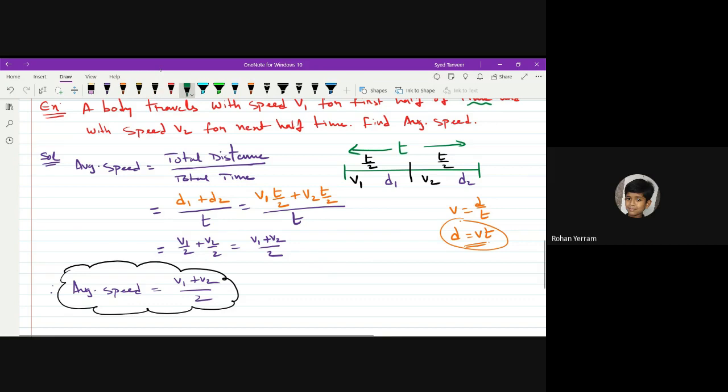Okay, sir. So average speed here is v1 plus v2 by 2. Try to understand. In the previous question distance was divided. In this question time is divided.